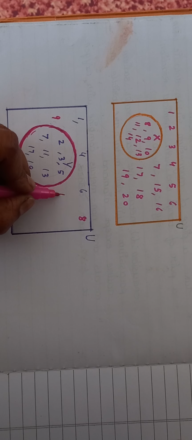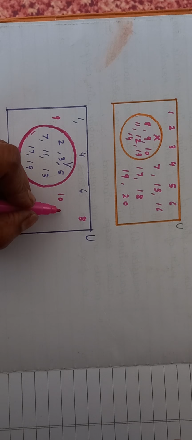Anywhere you can write, no hard and fast rule. 9. Then 10. 11 is there, so we will write 12. Then 13 is there, so we will take 14. Then 15. If you write it far off, there is no need to put a comma.